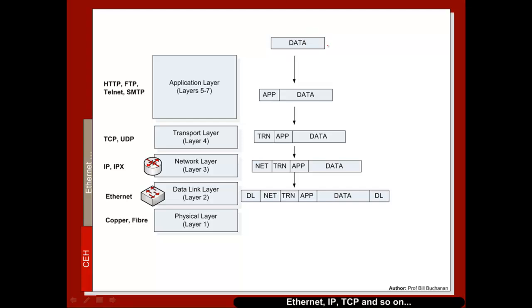As we've seen with our model, we take our data, we stick on some extra application data, we then add our transport data at the network layer, so this is where we get routers, and we add on our data link layer. So this normally involves framing the data into a data frame, and then that's actually sent over the network over some copper or fiber connection.